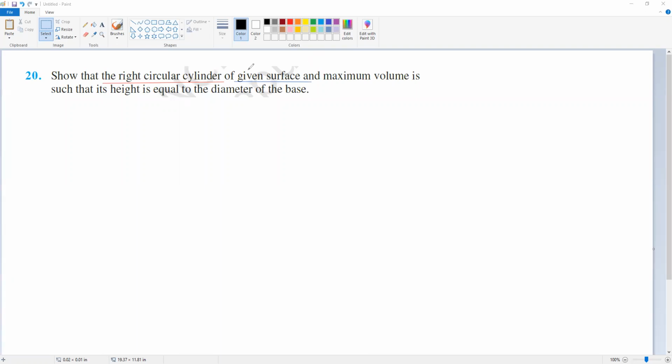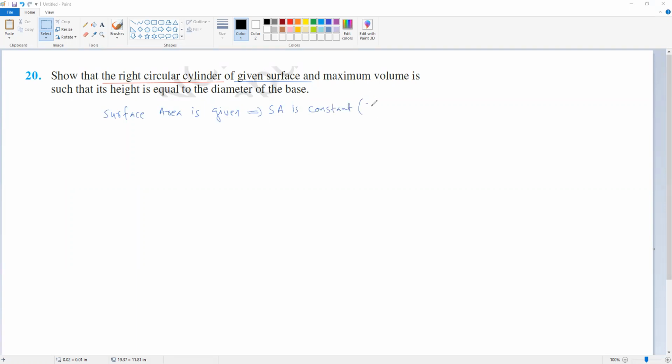Given surface मतलब surface area is given, मतलब surface area is constant.